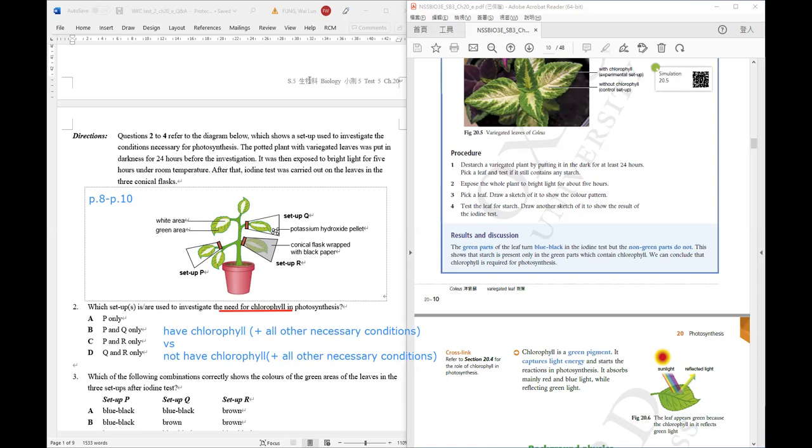When you need to study the need for chlorophyll, okay, you need to have one setup that has chlorophyll and all other necessary conditions. For example, carbon dioxide, okay, water and light.